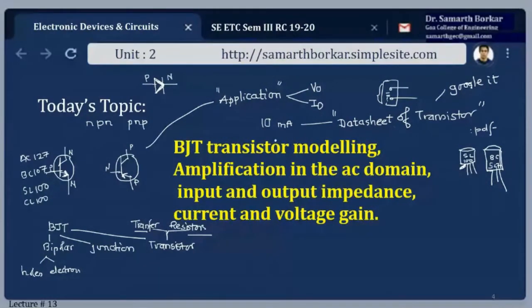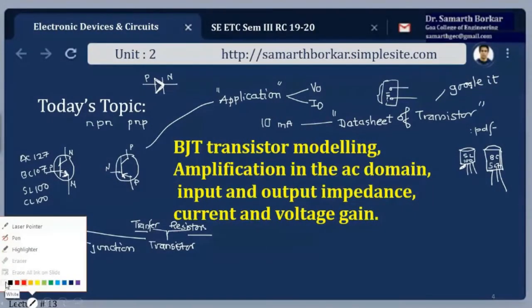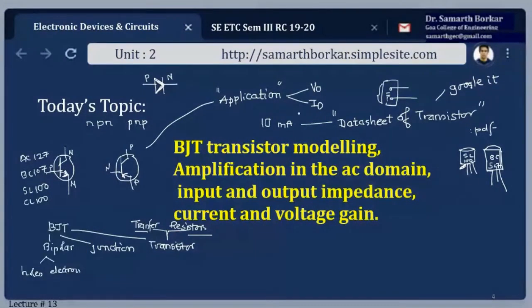So if my requirement is say 10 milliamperes, we are discussing the application and how we go about with the design. Fine. So first we make out how much the current requirement is. Now as I select from plenty of transistors, you have to just download the data sheet of that particular transistor, say ABC transistor. ABC in the sense it can be BC 547 or SL 100.